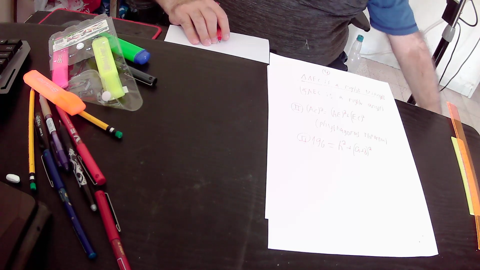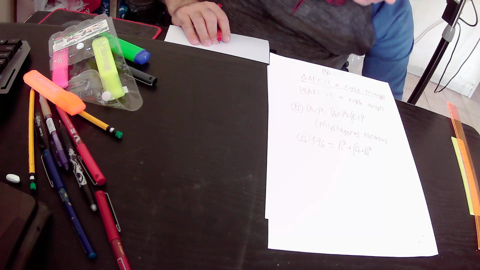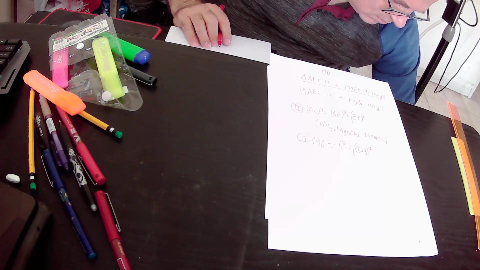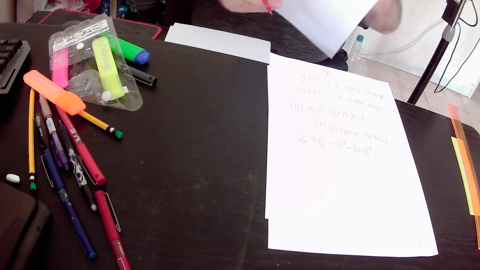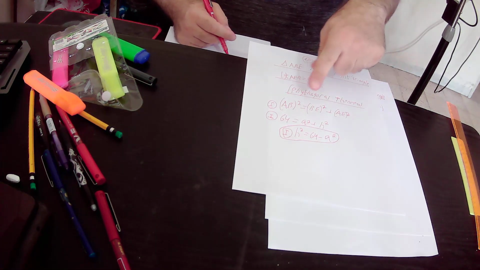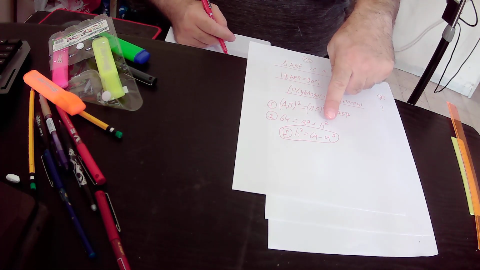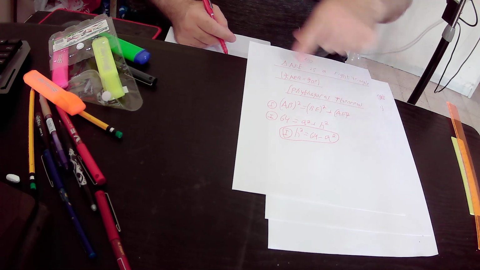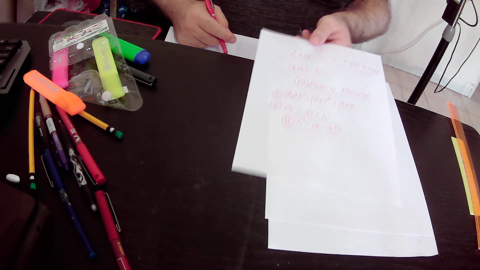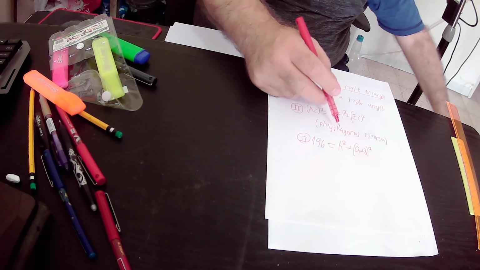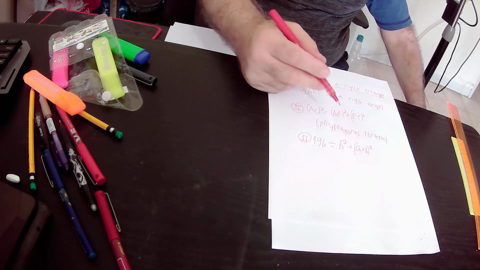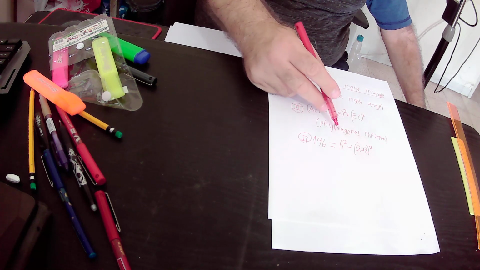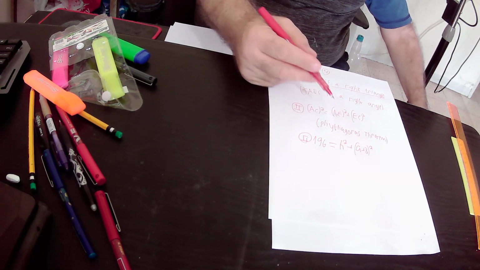We have already found out in equation number 1 that H squared equals 64 minus A squared. So we can substitute H squared by 64 minus A squared.